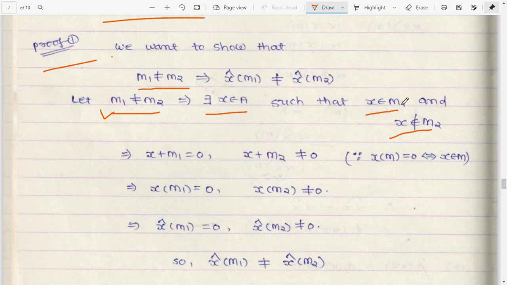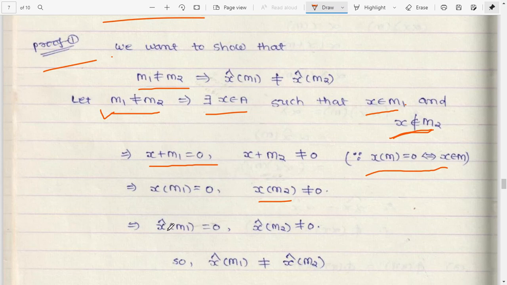Now x belongs to m1, so x plus m1 is equal to 0, and x does not belong to m2, so x plus m2 is not equal to 0, because x of m is equal to 0 if and only if x belongs to m. This implies x of m1 is equal to 0 and x of m2 is not equal to 0.